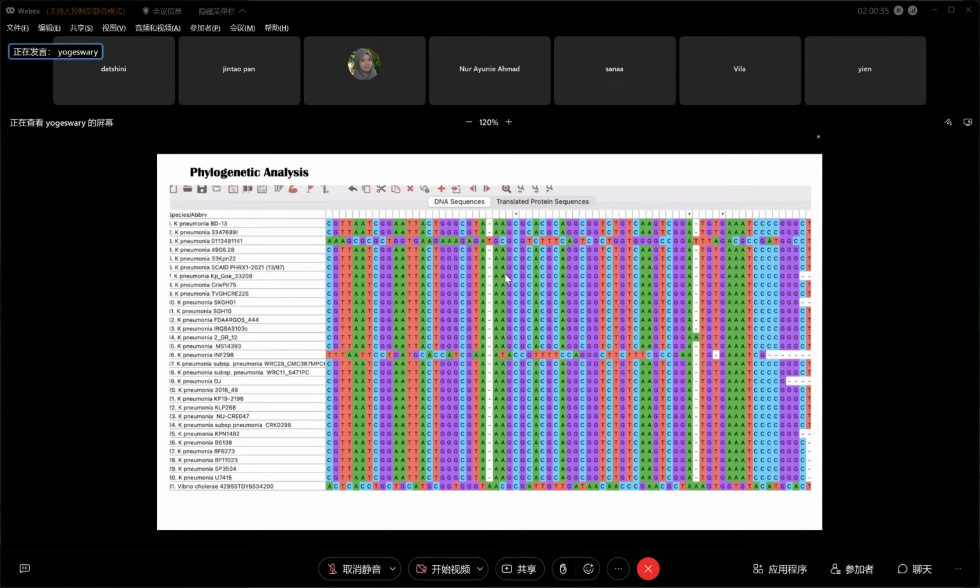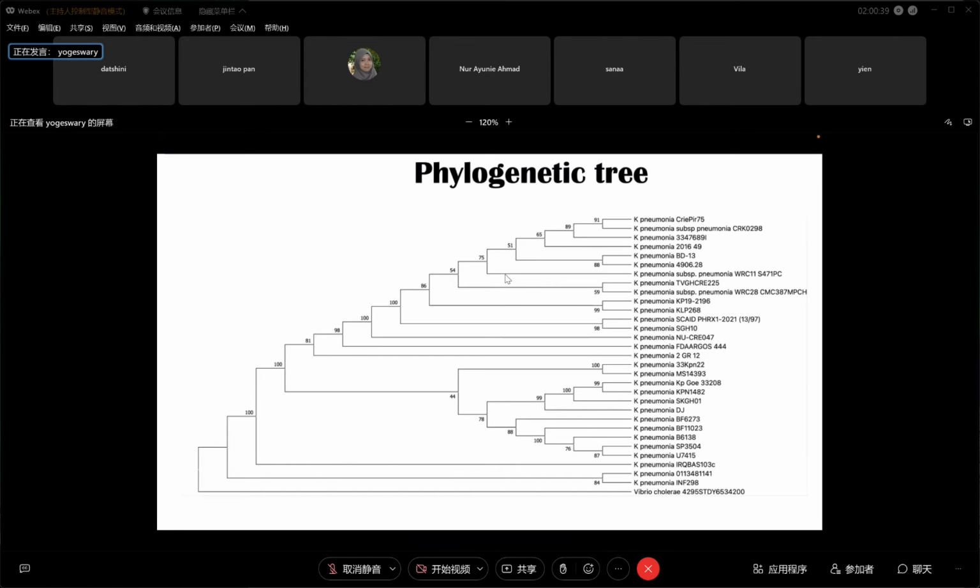And then based on the phylogenetic tree, it can be seen that the selected Klebsiella pneumoniae strains group into distinct clusters, cluster A and cluster B, and the strains IRQBAS 103C, strain 0113481141, and strain INF 298 each represent a distinct cluster and are distantly related to other species.